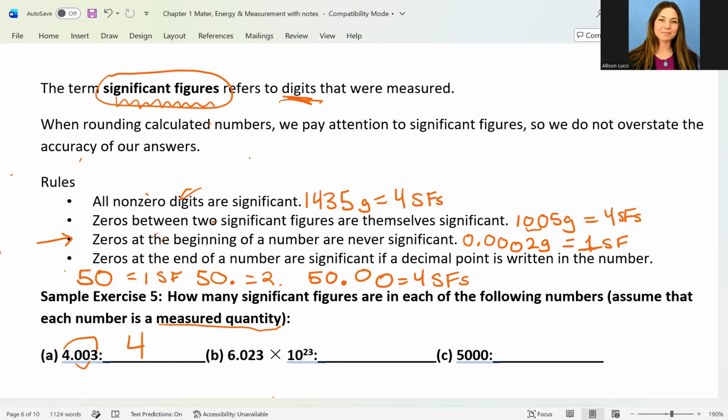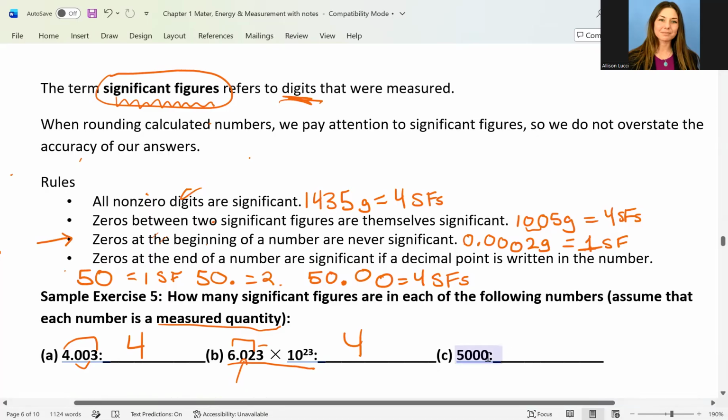In this next example, we have Avogadro's number. Notice we have a decimal point, so that 0 after the 6 is definitely going to be significant, and actually all four of these are going to be significant figures once again. Now, there is no decimal point after the 5,000 there, so this last value only has one significant figure.